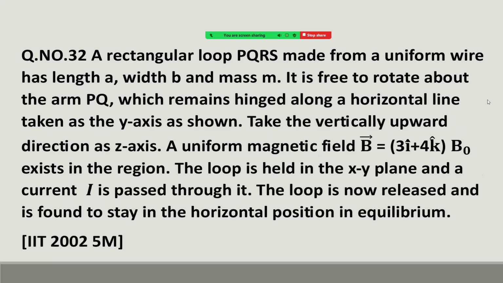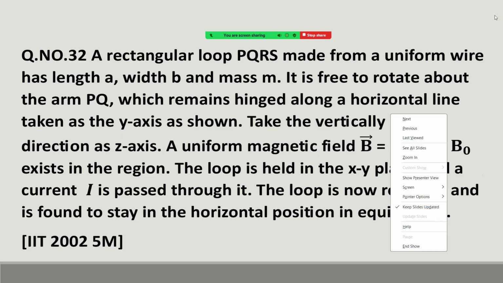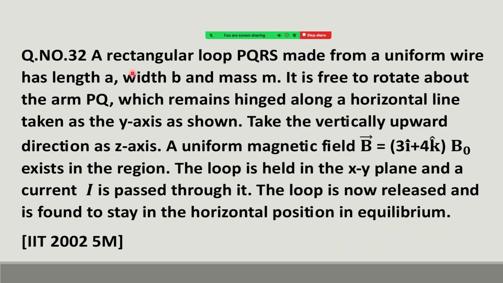Let's see the question given. A rectangular loop PQRS made from a uniform wire has length A, width B, and mass M. It is free to rotate about the arm PQ, which remains hinged along a horizontal line taken as the y-axis as shown.